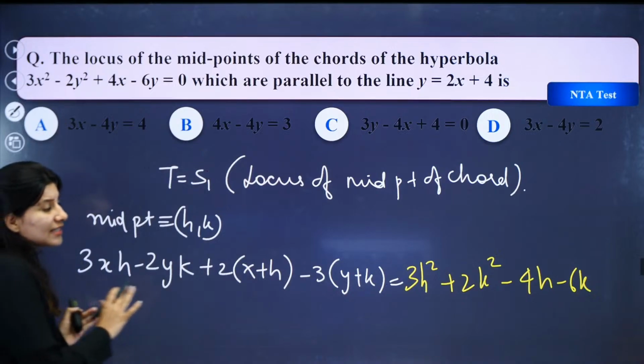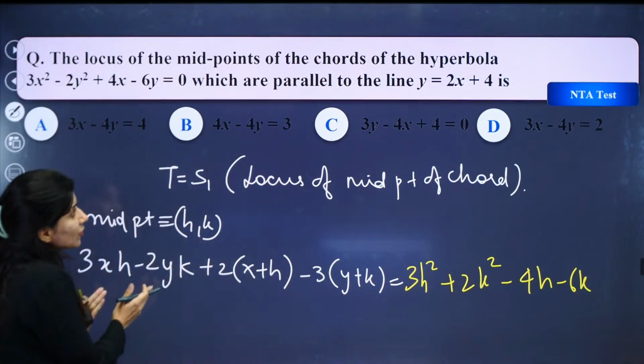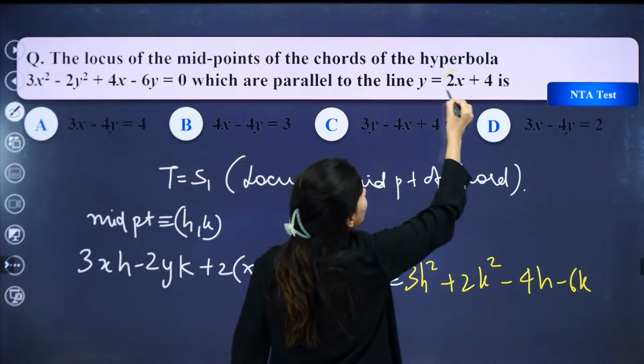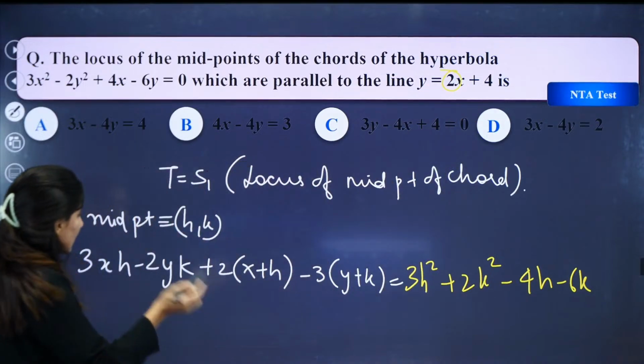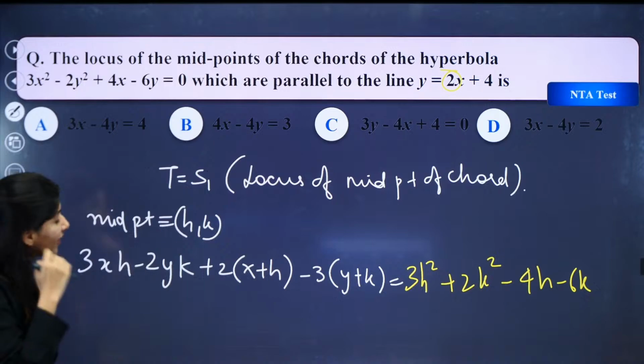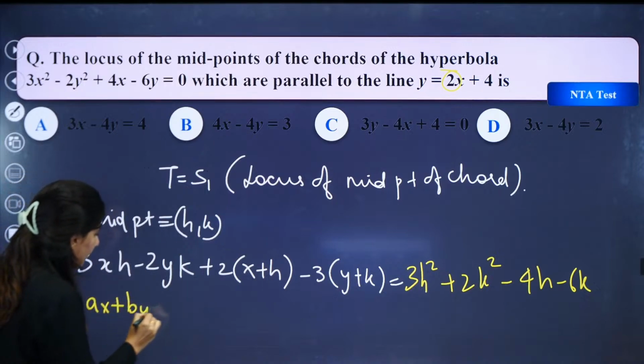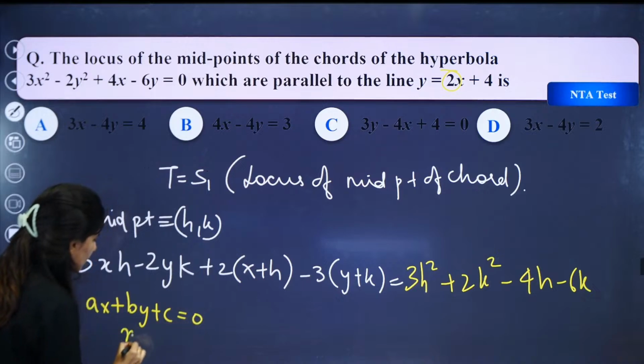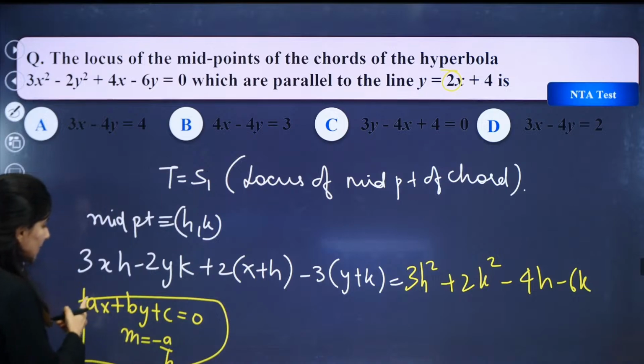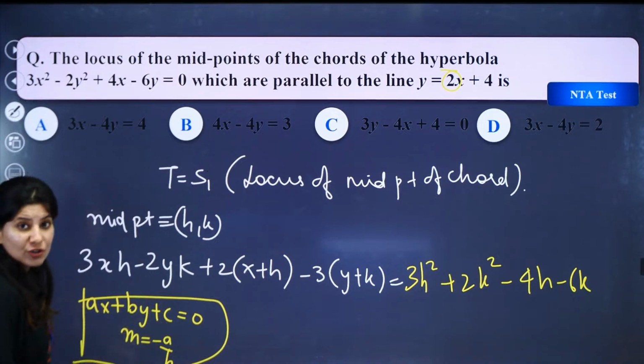Now this is a straight line which is parallel to the given line, which means the slope of this line is 2. So can you calculate the slope? How do you calculate the slope of any line? For ax plus by plus c is equal to 0, slope is minus a upon b. That's how you calculate. So negative of the coefficient of x upon the coefficient of y.